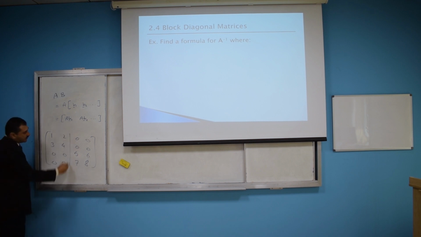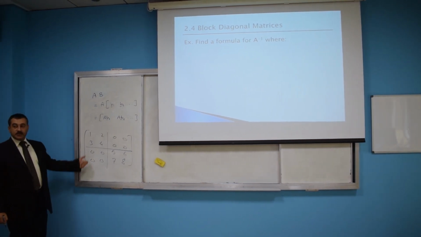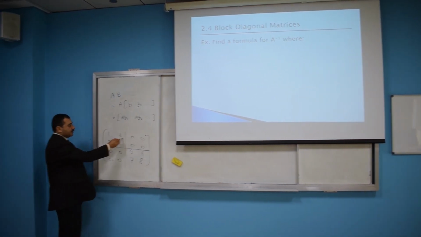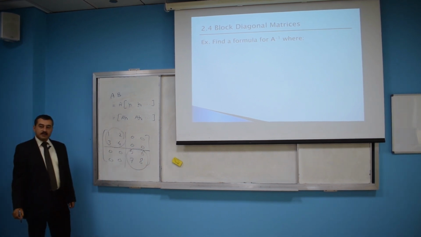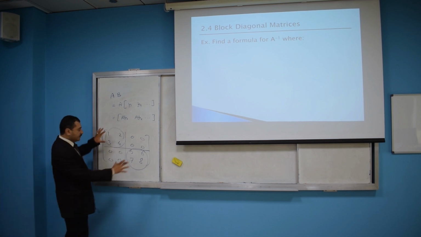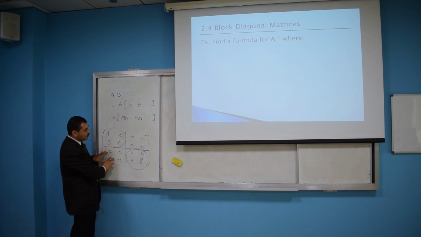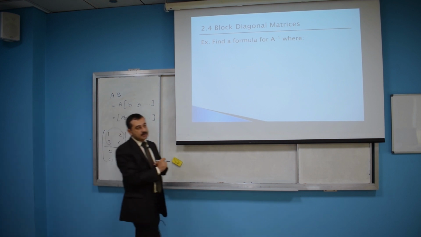However, if you partition it this way, you will find here a block and here a block on the diagonal. So we'll call it a block diagonal because you have blocks here and otherwise you have zeros. So this is called the block diagonal matrix.